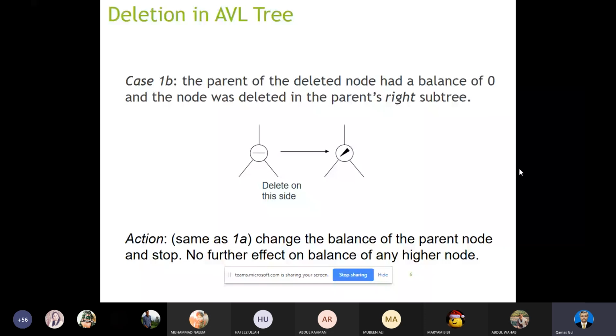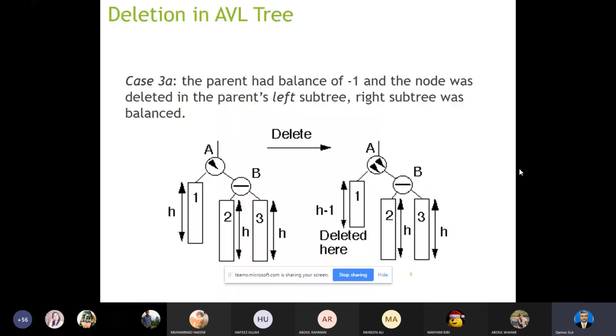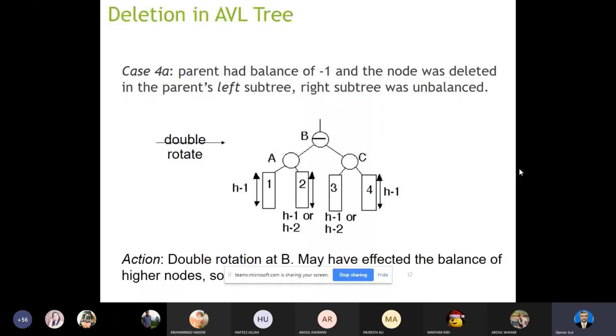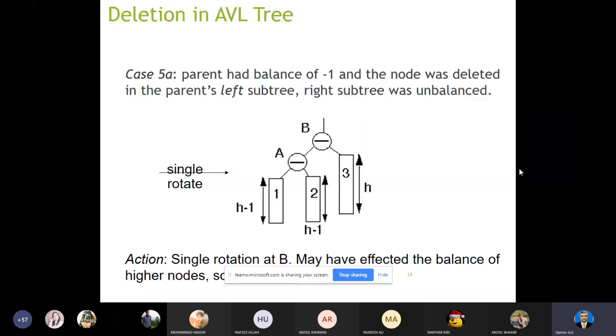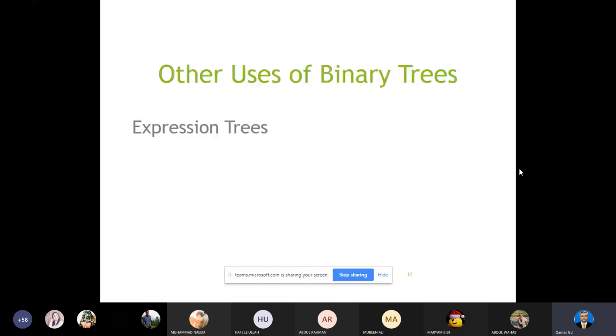However, if you are interested, you may find the source code in your compiler's header files section, or in your STL, standard template library, or you can find the deletion classes on the internet as well. However, they are not part of your course.